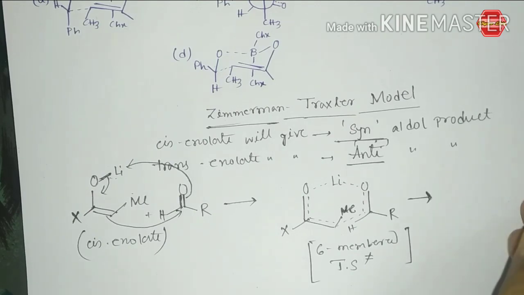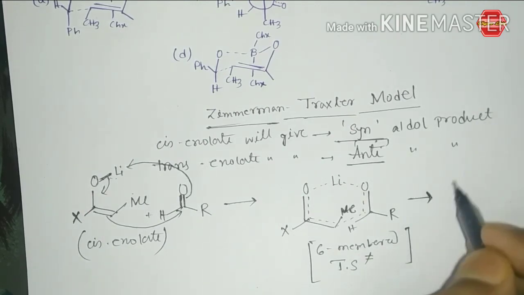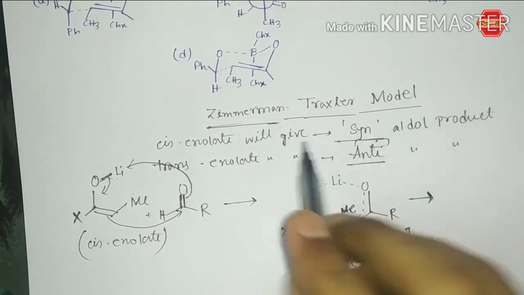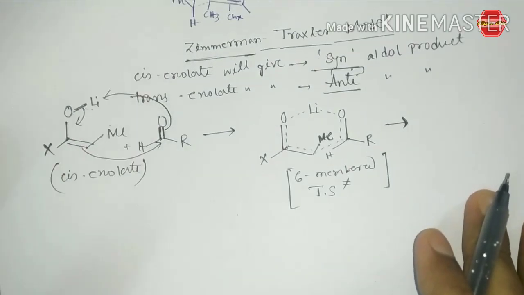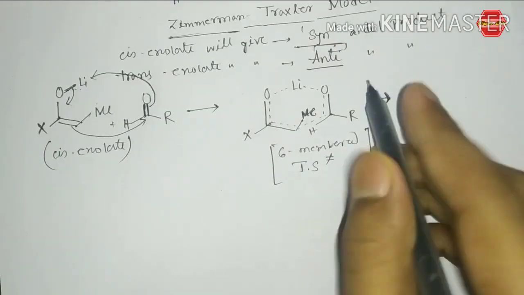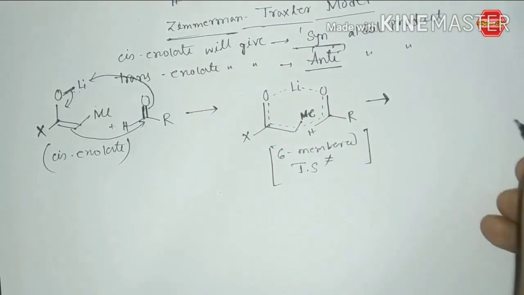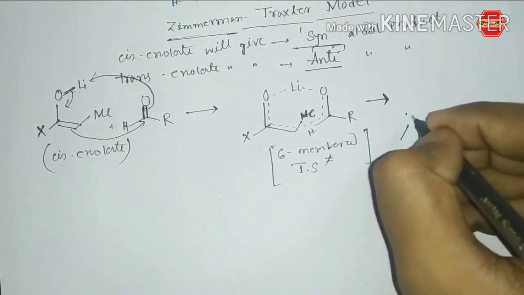We all know the concept of cyclohexane, so we can easily tell which conformer is chair and which is boat. So this Zimmermann-Traxler model follows the cyclic chair-like transition state.